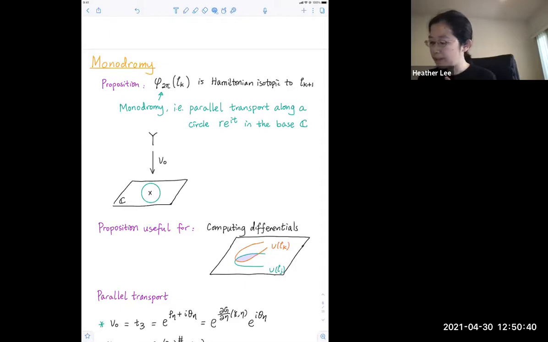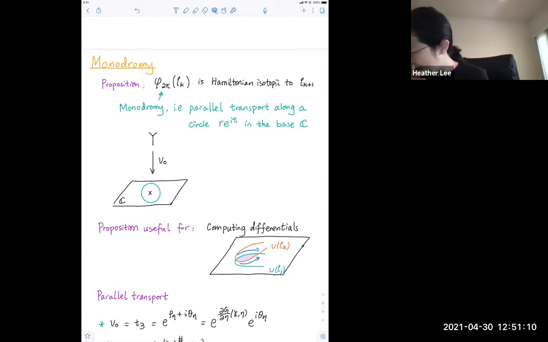To compute this differential, we need to look at a lift of this bigon in the total space. There are two intersection points, and this one differs from this one by a halfway turn this way and a halfway turn this way. So in total it would be like one loop around. So this monodromy relates this intersection point to this intersection point, I think.